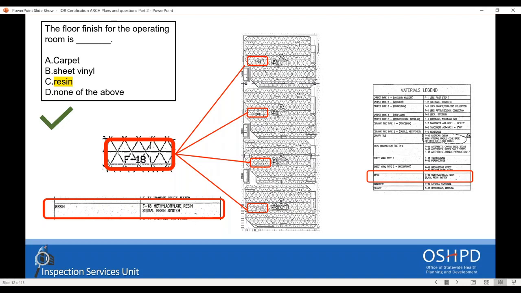Bradley? Hi, I just had a question about the drawings that are going to be used on the exam. These ones are really hard to read sometimes, and I notice I spend more time just trying to read the room numbers and stuff. Is there going to be a more current set for the exam?